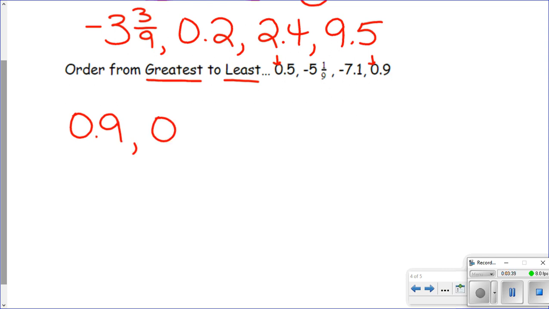Then 5. And now I will look for the negative numbers. I have a negative 5 and a negative 7, and when we work with negative numbers, the larger the negative number, the smaller its value, so therefore negative 5 1/9 would come next, and negative 7.1.